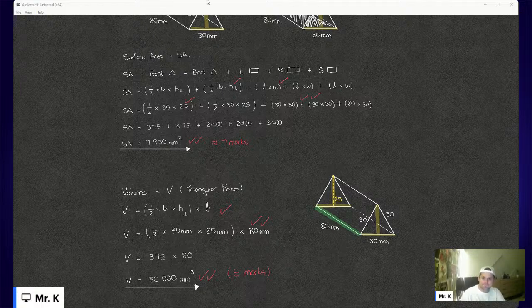All right. So there we have it, grade 7s. This is how we go about calculating surface area and volume for 3D shapes.